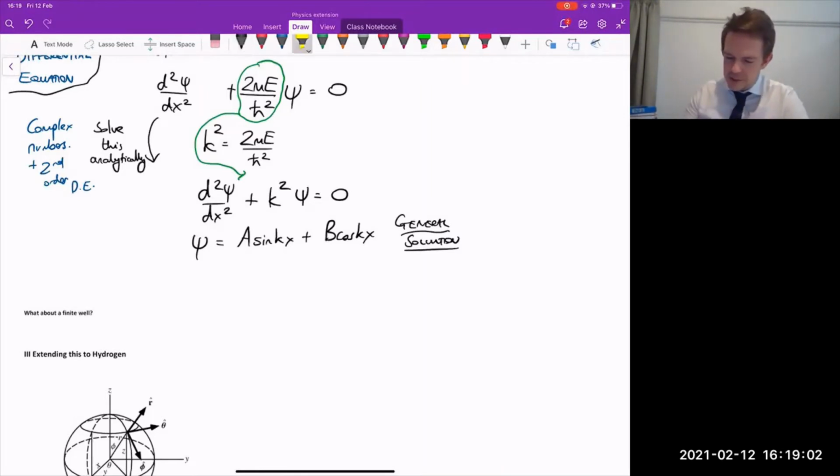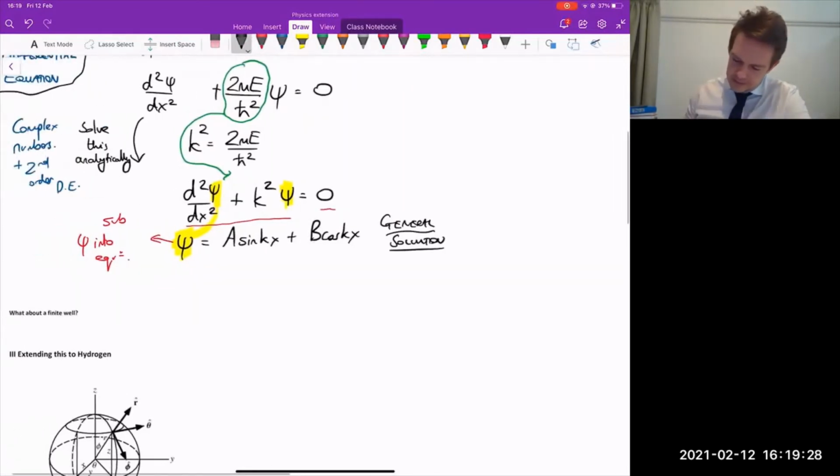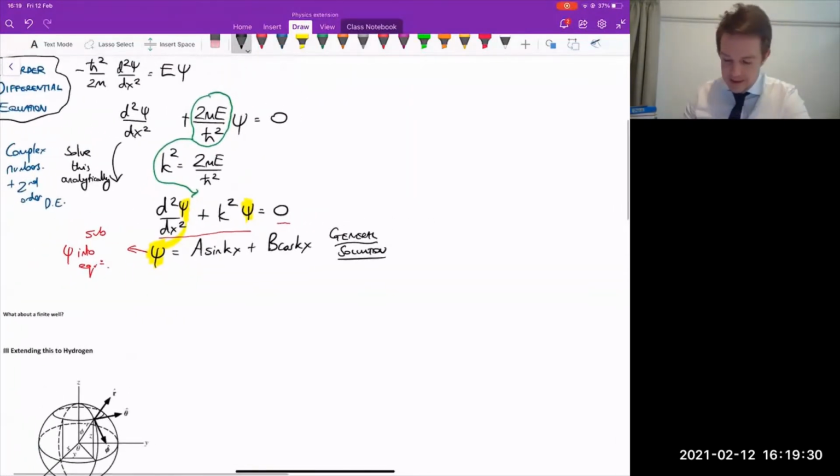What we can do is just substitute this into the equation. I can prove it to you, because if you differentiate, well, in fact, you can go away and do that as a task. If you substitute my guessed wave function into the equation, it will work out. If you put it in there, it will equal 0, and hence it satisfies the equation. So it's a solution.